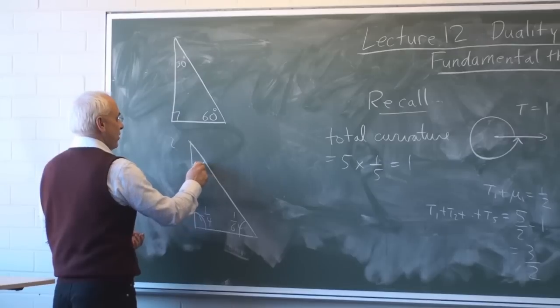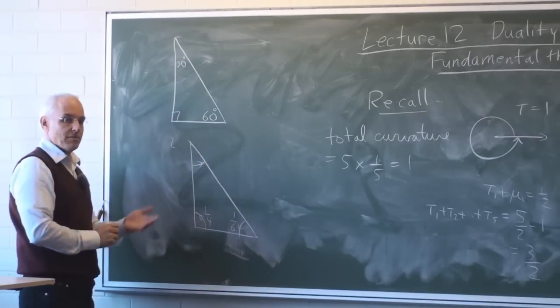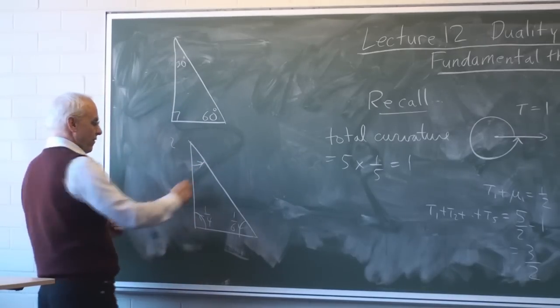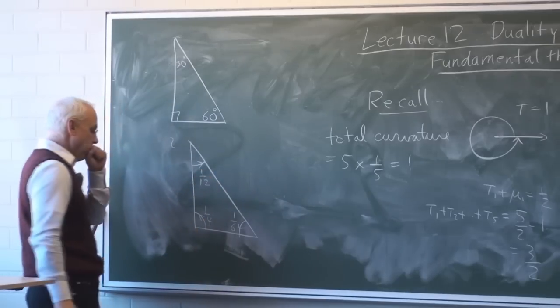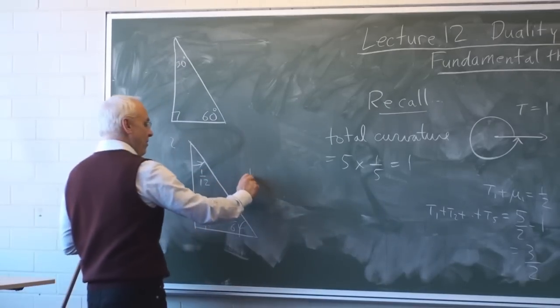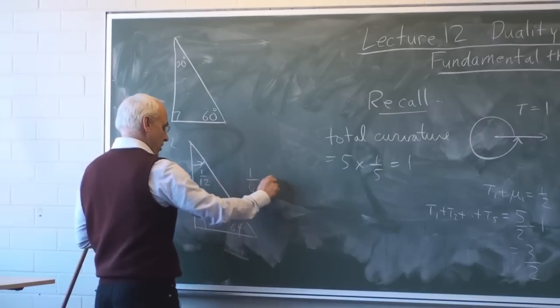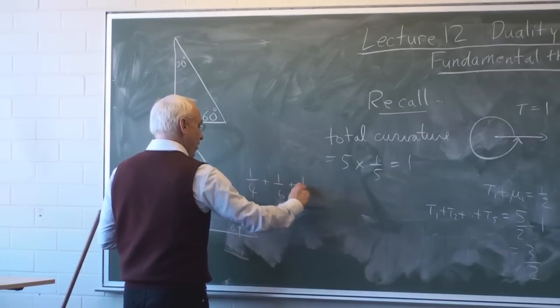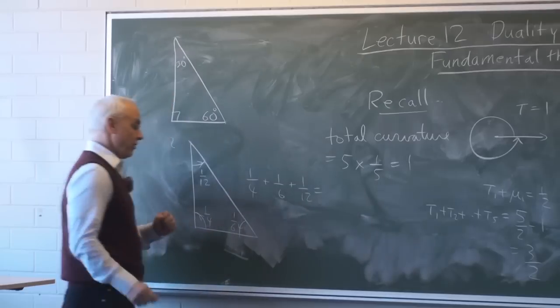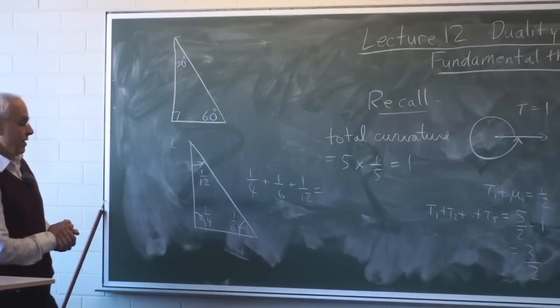And 30 degrees would be 1/12 of the way all the way around. And the sum of the turn angles, 1/4 plus 1/6 plus 1/12, should equal 1/2, and I think it does.